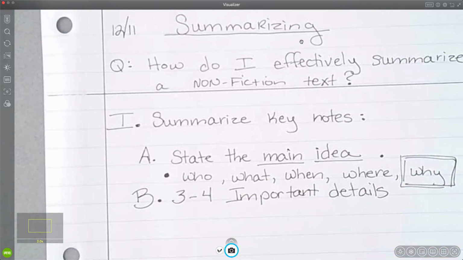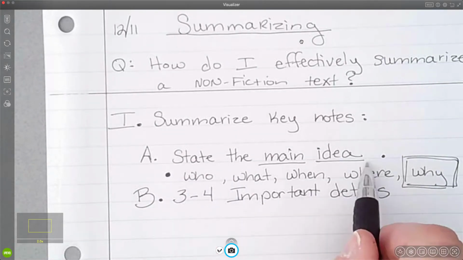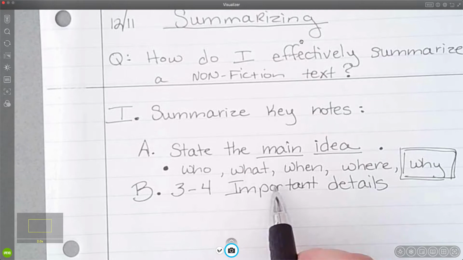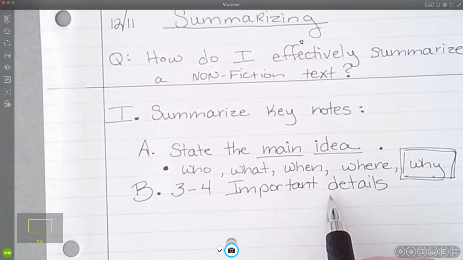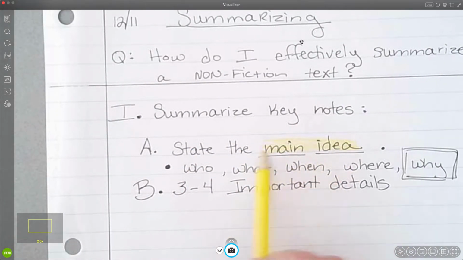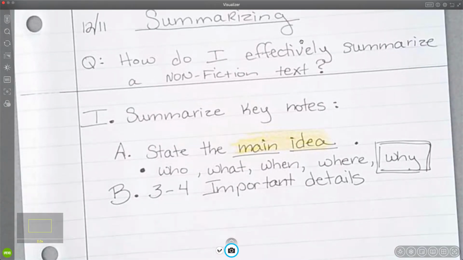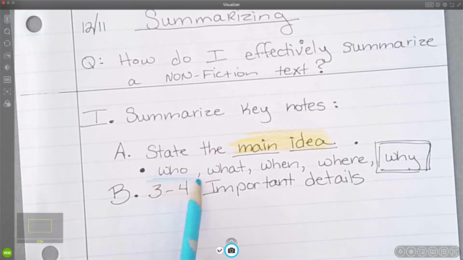Okay, so just like when we did our main idea paragraph, you have your main idea sentence, you have 3 to 4 important details. Now if we were going to color code that, your main idea sentence would be yellow, and your 3 to 4 important ideas would be blue.